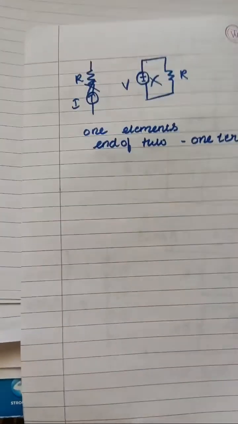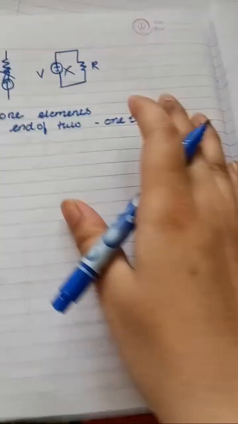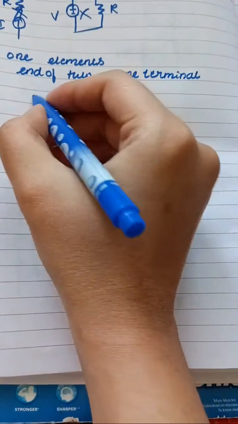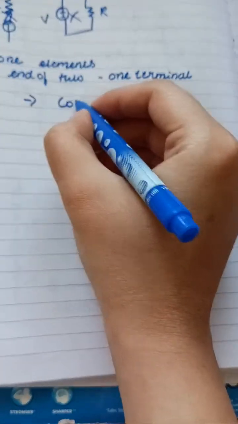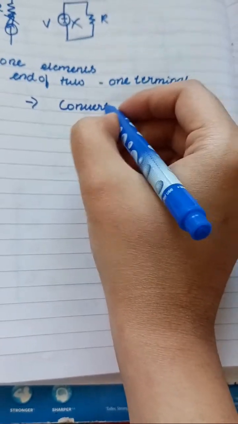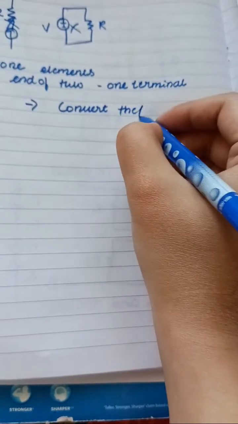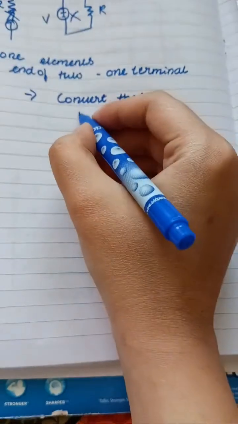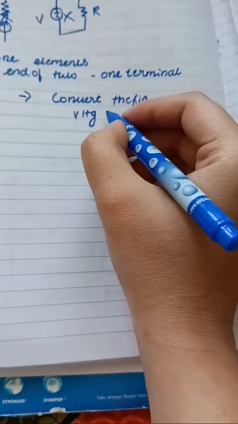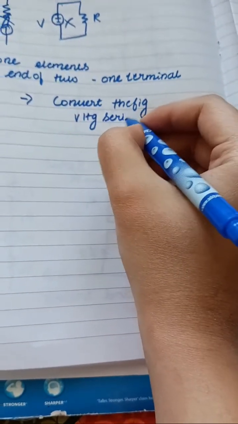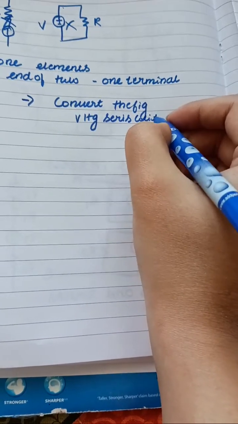Okay, yeah. So now we have learned all these things, and now let us see how the problems come in your exam. Say, convert the figure into one voltage source in series with the resistance, or current source in parallel with the resistance.